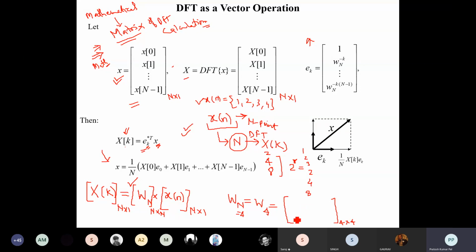Whatever the content inside this Twiddle factor matrix is, for n equal to 4 it will be represented by W of 4 with 0, then W of 4 to the power 1, W of 4 to the power 2, W of 4 to the power 3, and again W of 4 to the power 1.